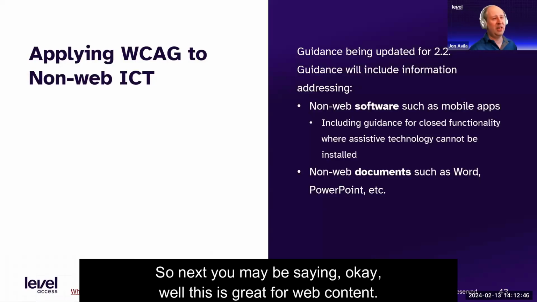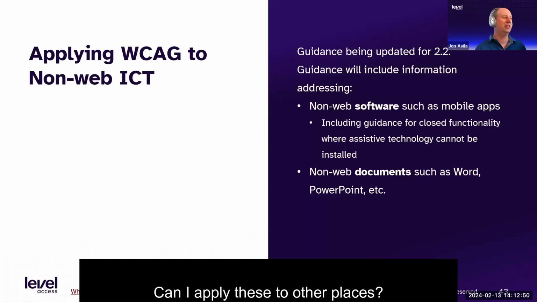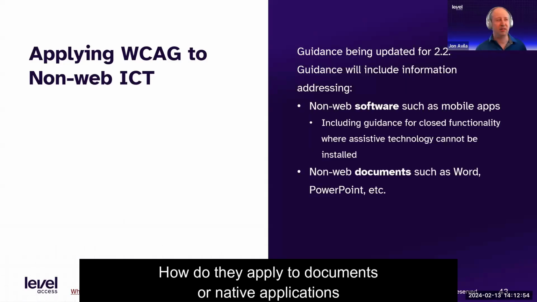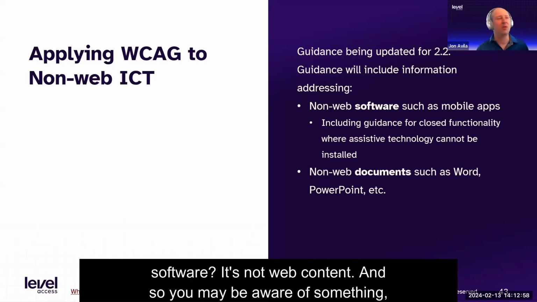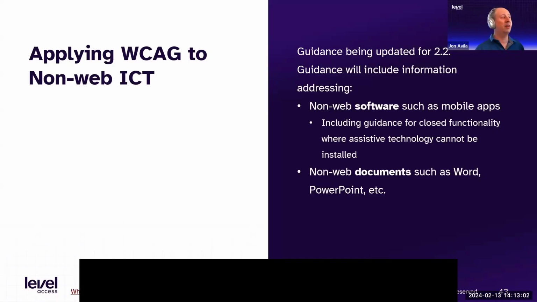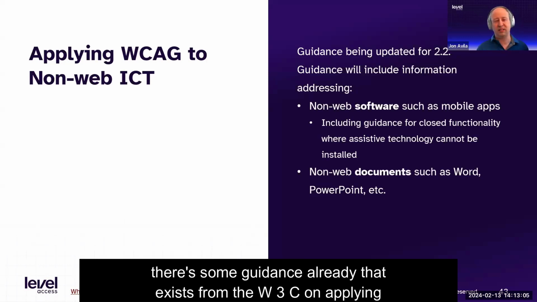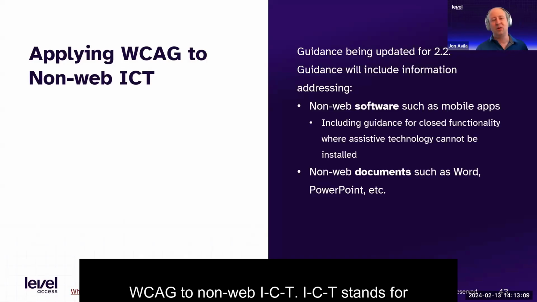So next you may be saying, okay, this is great for web content. Can I apply these to other places? How do they apply to documents or native applications? Because that's software, it's not web content. You may be aware there's some guidance that already exists from the W3C on applying WCAG to non-web ICT.